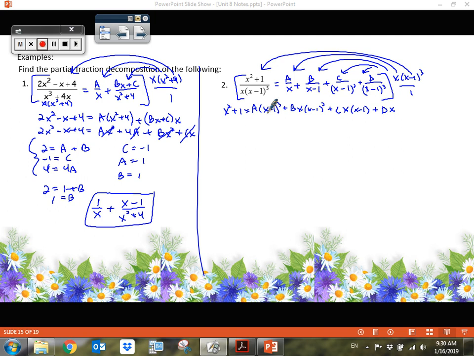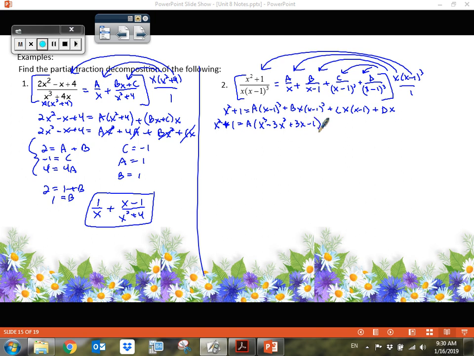So the coefficient for this is going to be 1, 3, 3, 1, right? So x squared plus 1 equals, so plus a times, so I'm going to get x cubed minus 3x squared plus 3x minus 1.